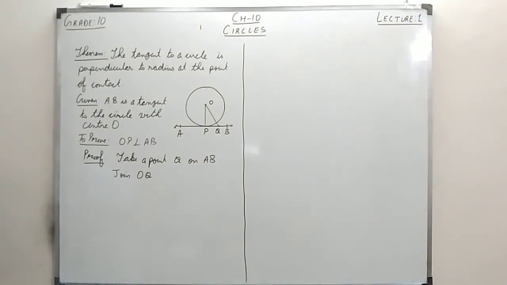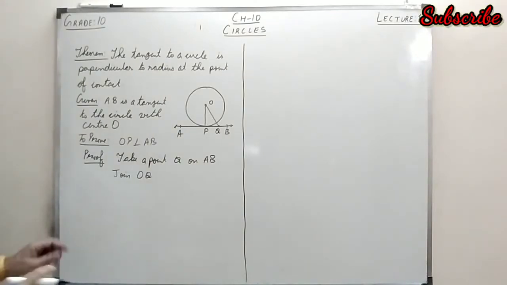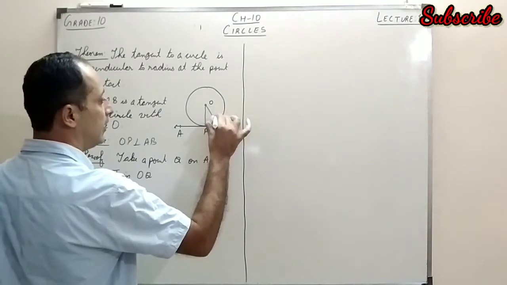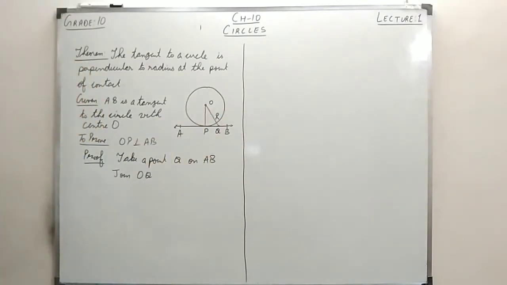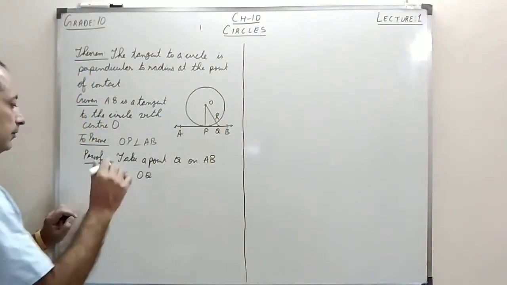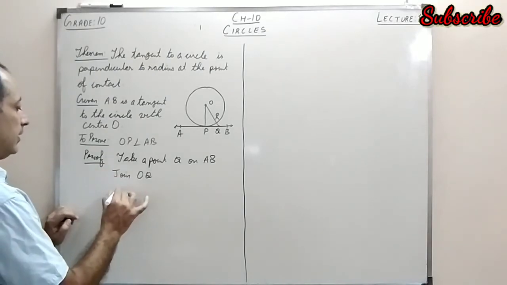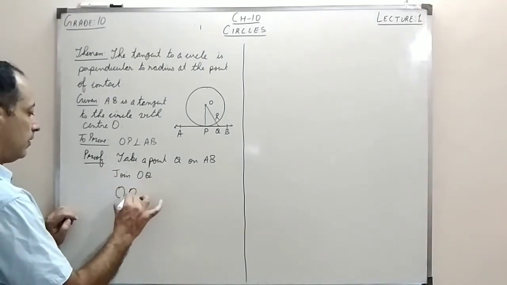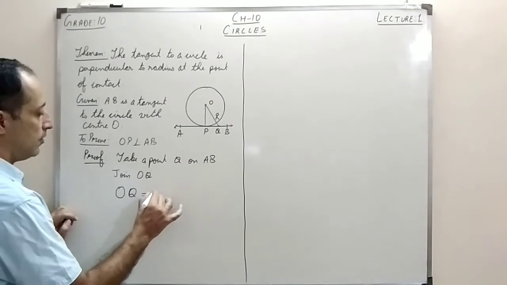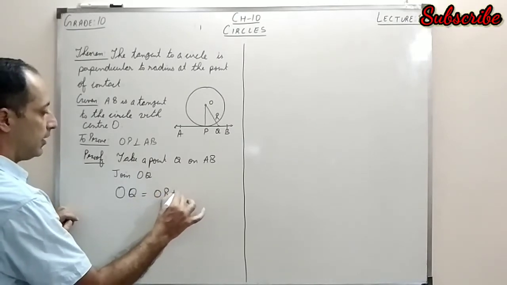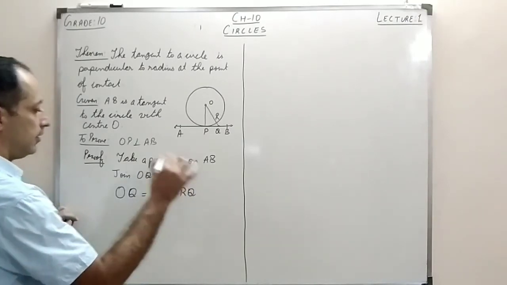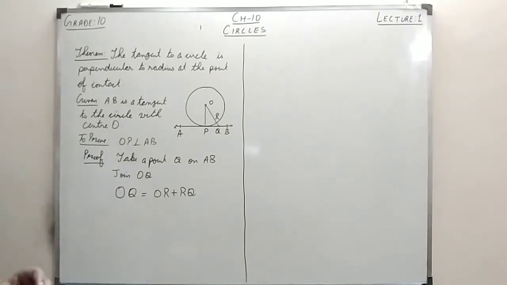Right, now this OQ is touching the circle at some point, and I name that point as R. Now what we have, I can write OQ equals OR plus RQ.